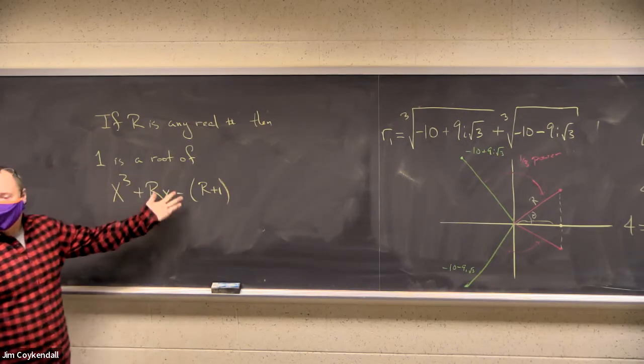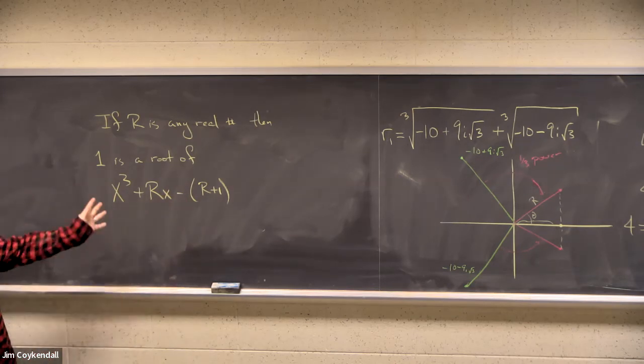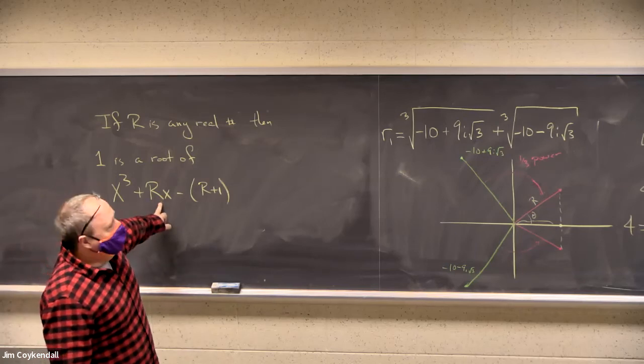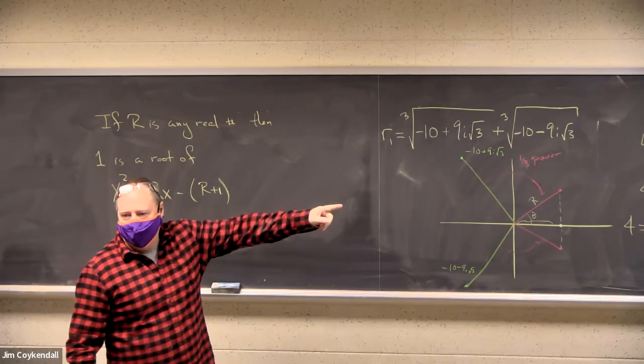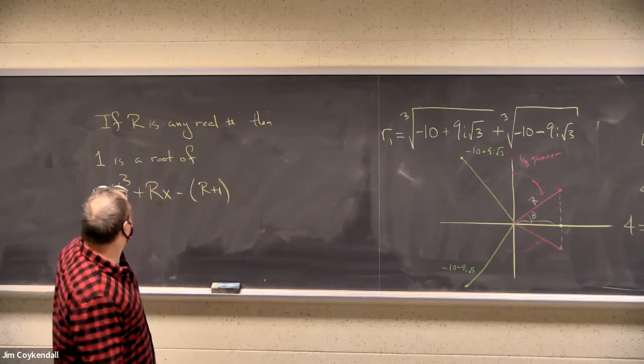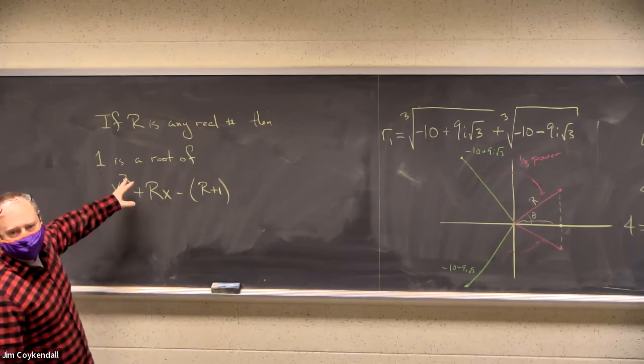Because we plug in x equals 1, this works. So you can put any real number in there you want, square root of 2, 87, whatever you like. This polynomial will have root 1, and it will also have this thing. So if you want to make things that, you know, nobody's ever going to guess, you can do this. And one's not special. You can adjust this to make this anything you want.